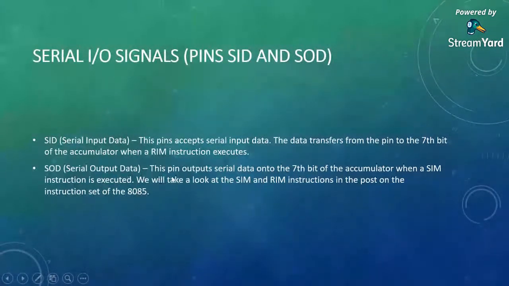After the serial output pin puts data from the 7th bit of the accumulator, the SIM instruction will be executed. We will take a look at the SIM and RIM instructions in the post on the instruction set. So SIM is coupled with the output, and RIM is mostly coupled with the serial input.